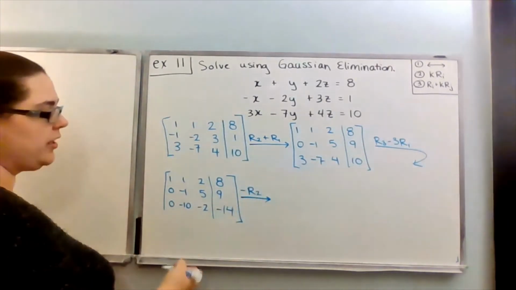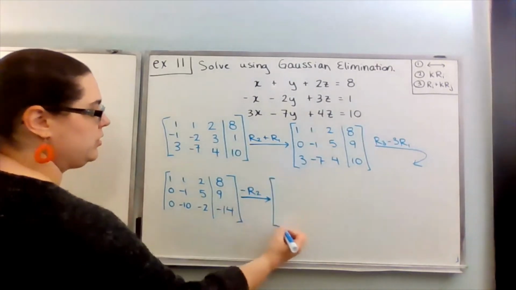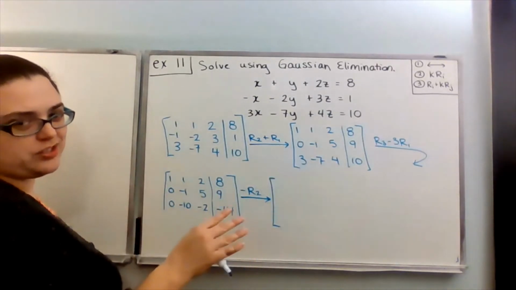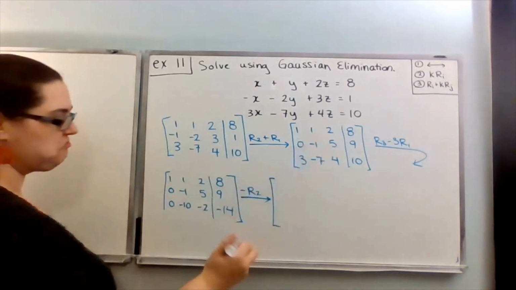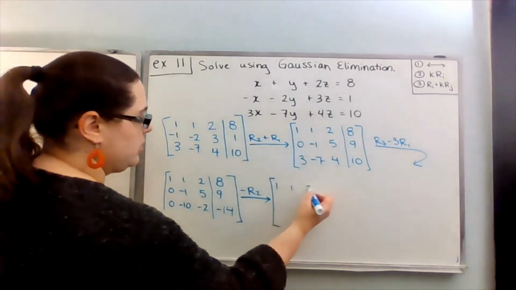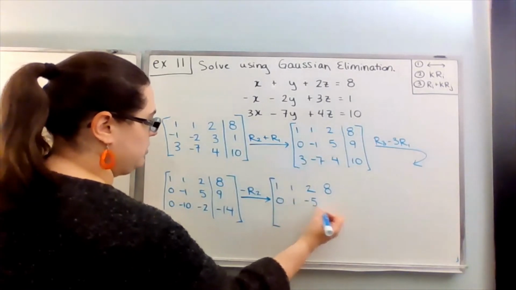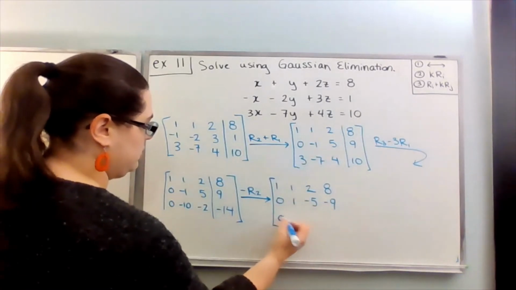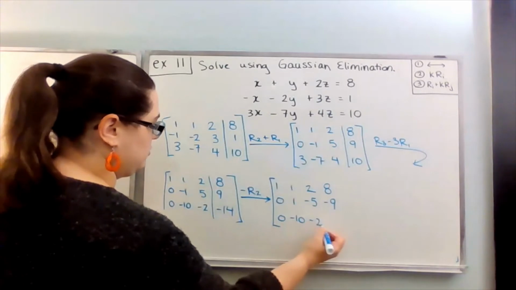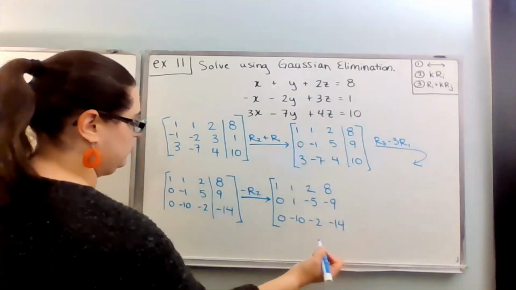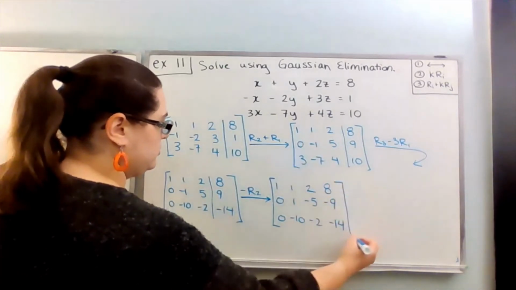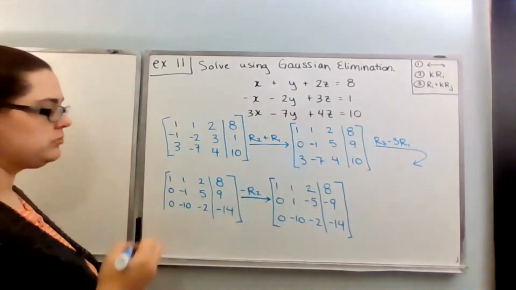So we're going to do negative row 2. This isn't too bad. All that's going to change is the sign. So I'm just going to run right through that. Fantastic.